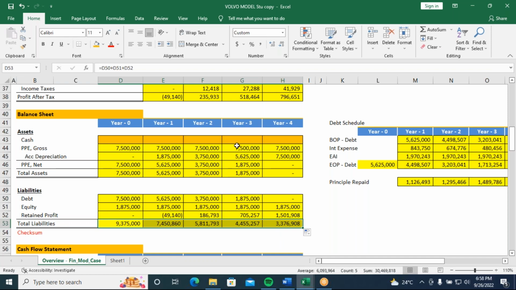Once I put my cash value, then I'll be able to know whether my assets and liabilities are matching. So we have solved the liabilities part. We'll go to the cash flow statement.